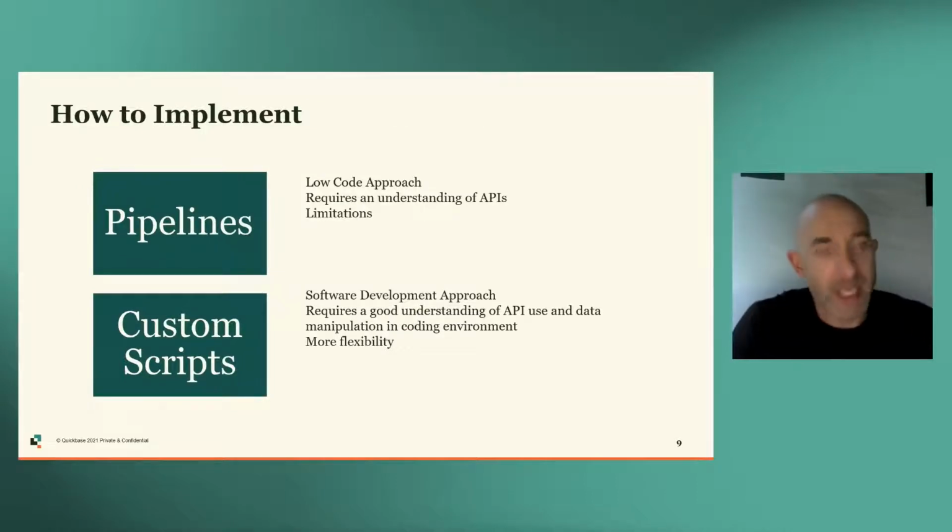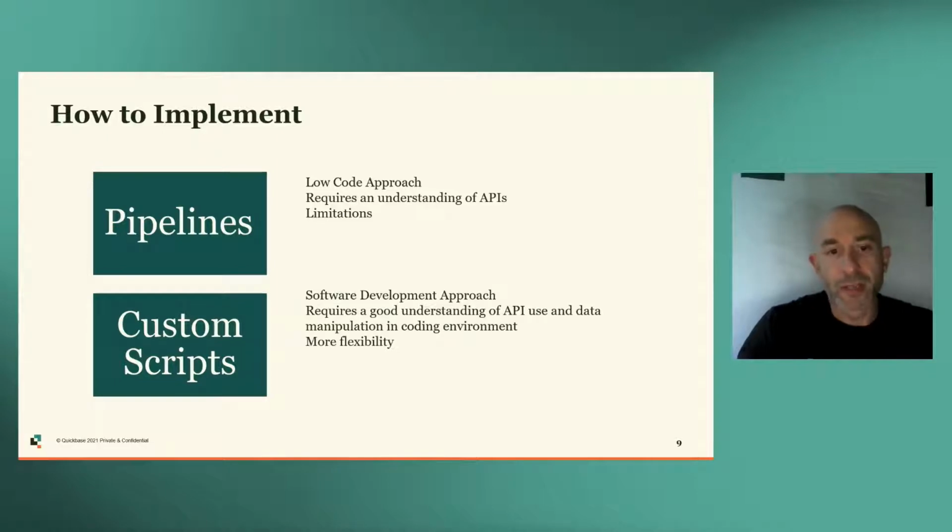So how are we going to implement these solutions? There's a couple tools, and we're going to show some examples of this. One way you might do this is with our pipelines tool. This would be like a low-code approach. It is going to still require some understanding of the QuickBase APIs, and there's also going to be some limitations of what you can do with the pipelines product.